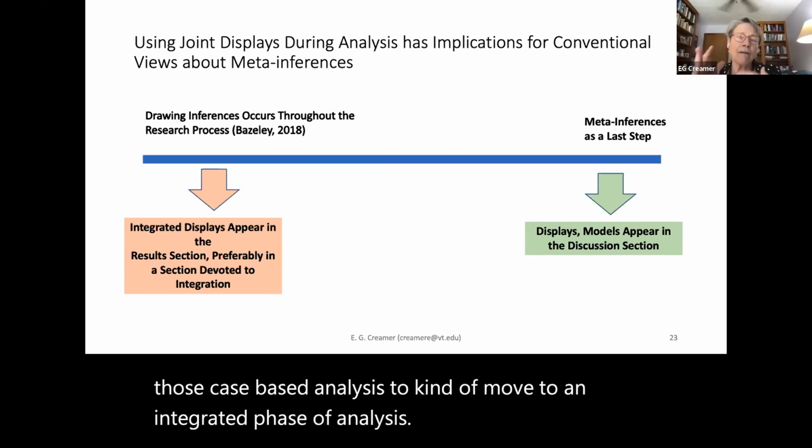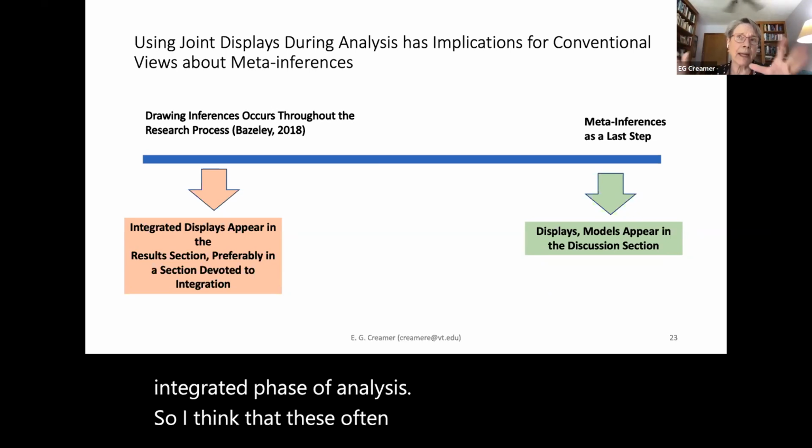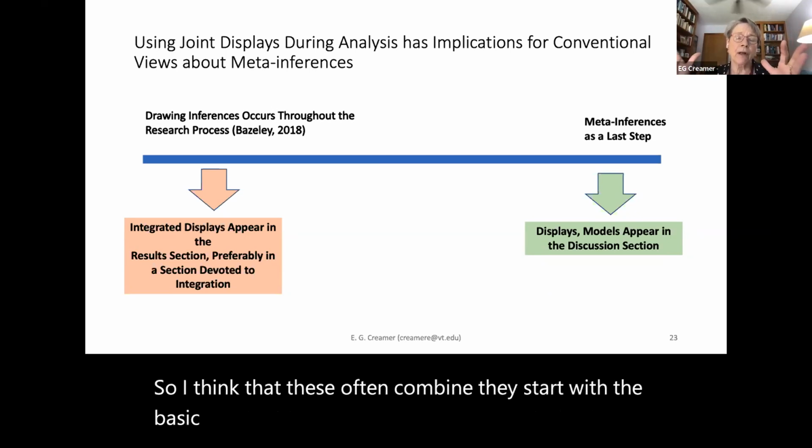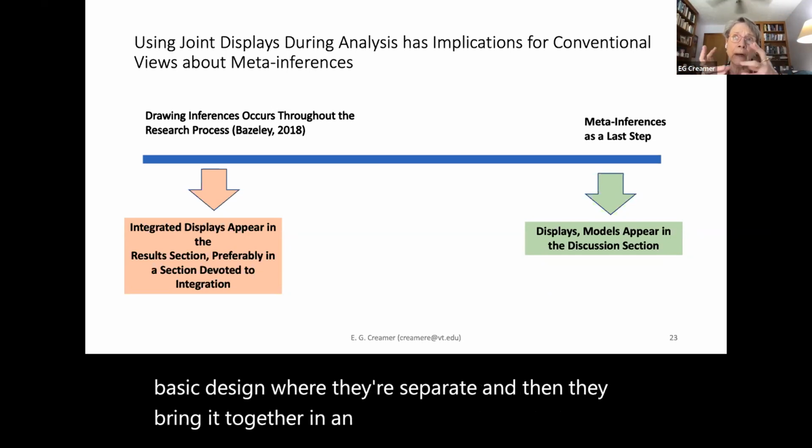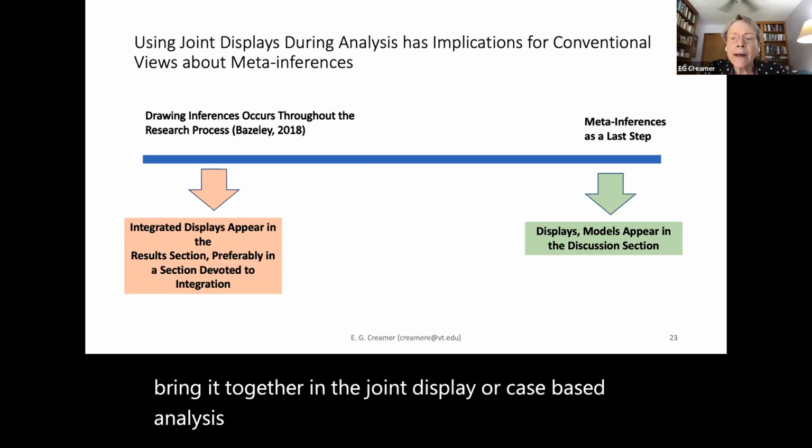So I think these often combine. They start at the basic design where they're separate, and then they bring it together in a joint display or a case-based analysis. It is a very clear way to do that.